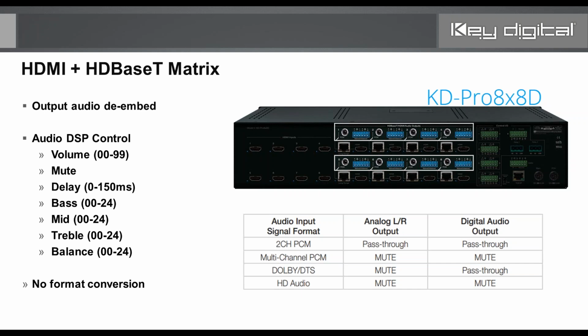However, there are some really great signal processing features for each and every output. You have volume control, muting control, you have lip sync delay up to 150 milliseconds. You have bass, mid, and treble 3-band EQ, and balance control on each and every output.